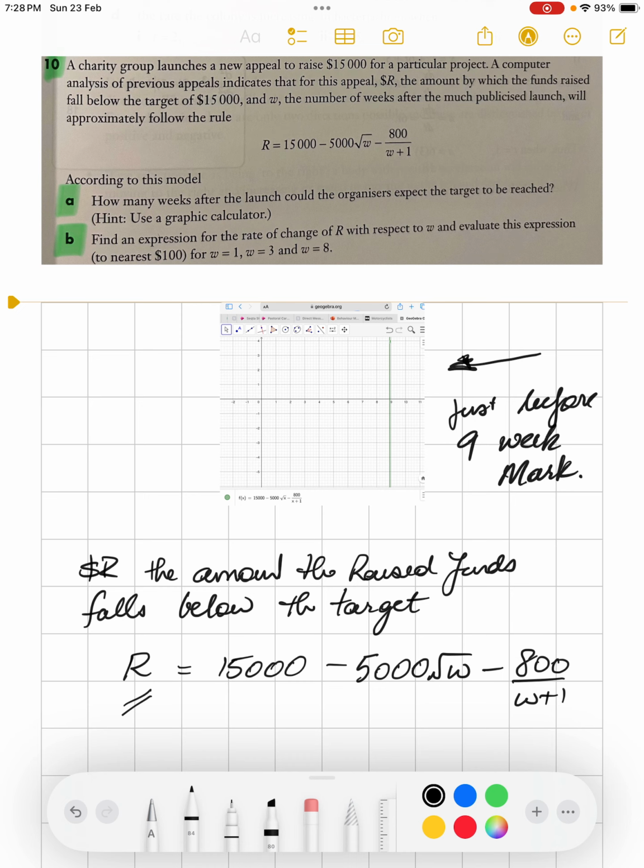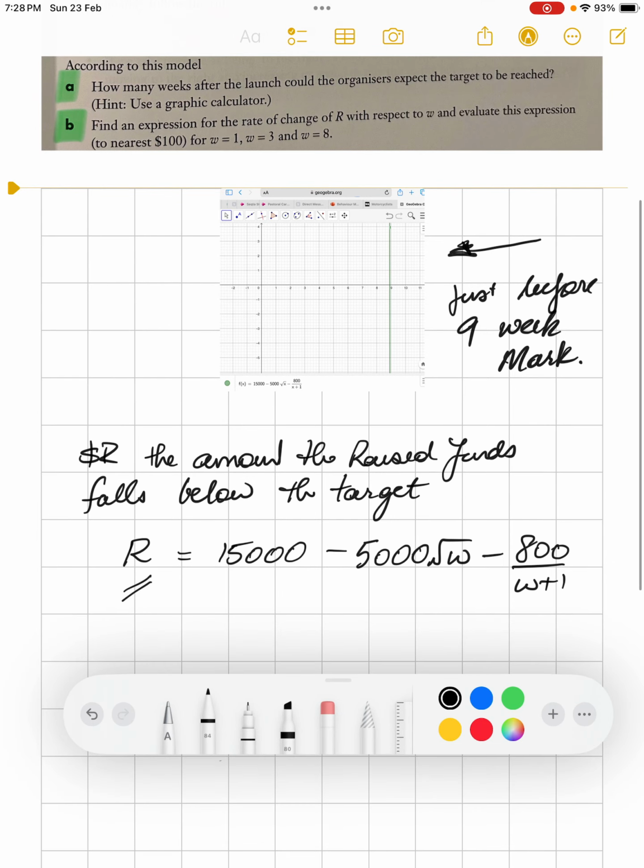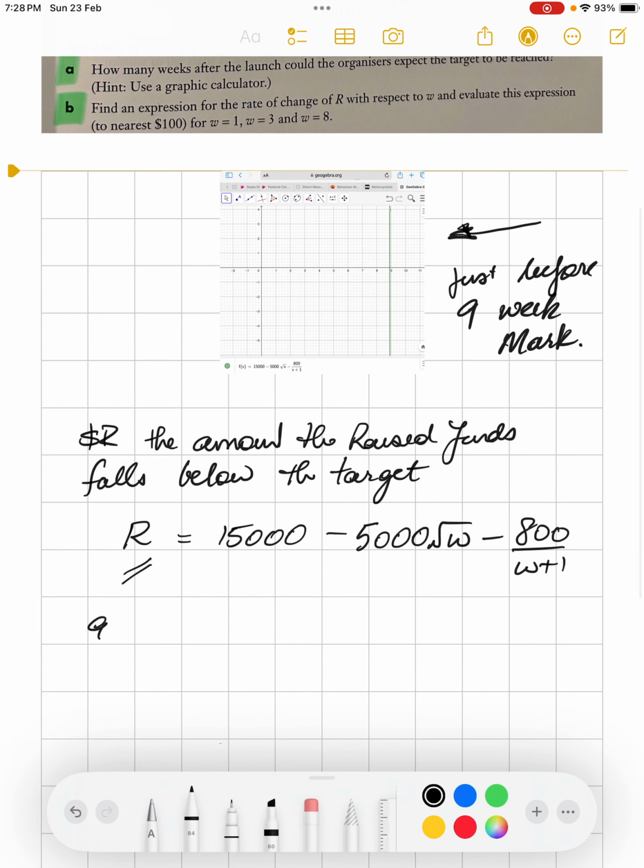So by the 9th week, we are reaching our target because R has reached $0. Therefore, our weekly target will be reached at the 9th week. Everything before it is not making the target.